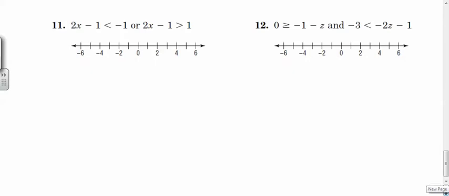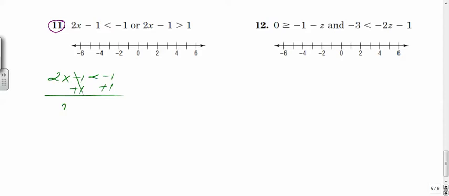How about this one? Let's do 11. 2x minus 1 less than negative 1, or 2x minus 1 greater than 1. We have the first one, 2x minus 1 less than negative 1. To solve, you add 1 to both sides.